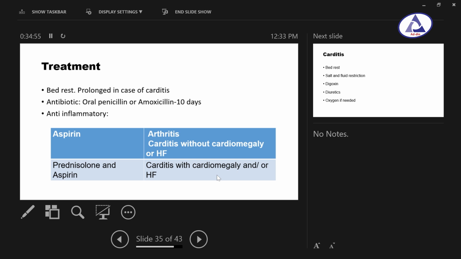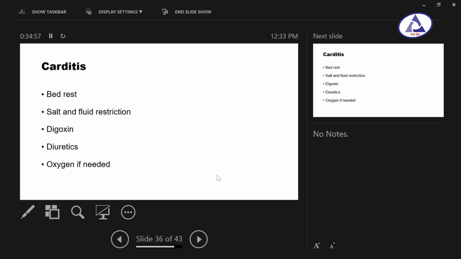Then what is the treatment if the child develops carditis or heart failure? We treat the patient with bed rest, propped up position, oxygen inhalation, digitalization, diuretics if needed. Okay? Then what will be the treatment if the child develops Sydenham's chorea?